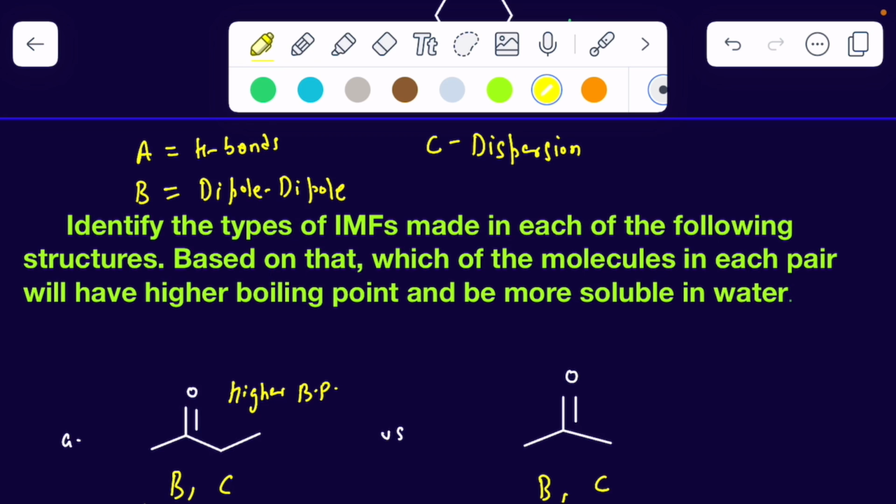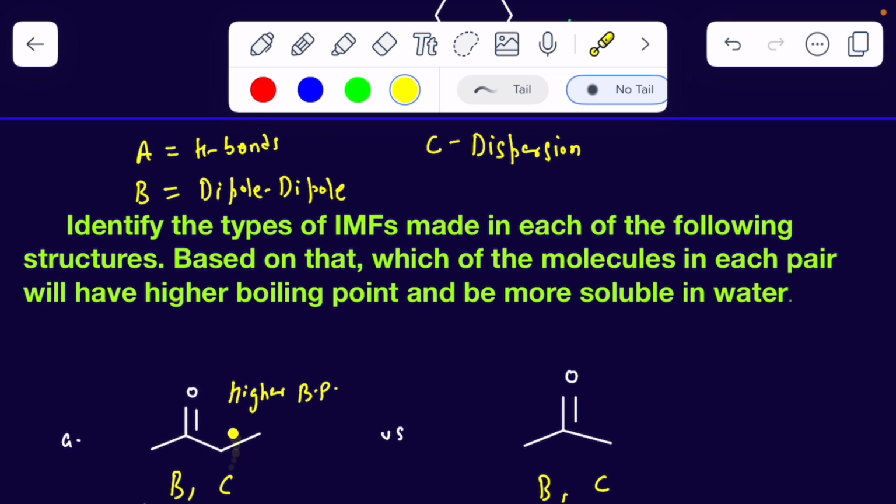But when it comes to solubility, it's not the greater amount of dispersion forces, but rather the least amount of dispersion forces. Remember, water is polar, so you want to make sure the molecule can make dipole-dipole interactions and hydrogen bonds to the greatest amount.